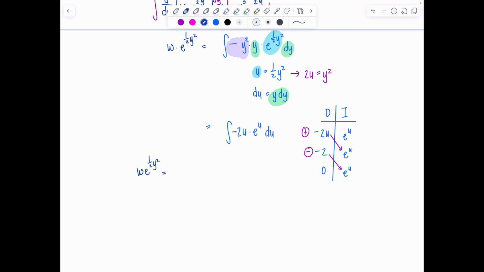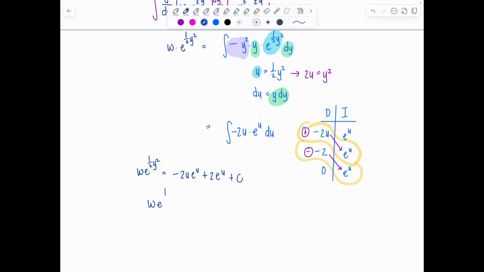So we have w e to the 1/2 y squared. Don't forget that was patiently waiting for us on the left. Equals, so this is going to be negative 2u e to the u, and then this is going to be positive 2e to the u plus c. And then go back, u was 1/2 y squared.